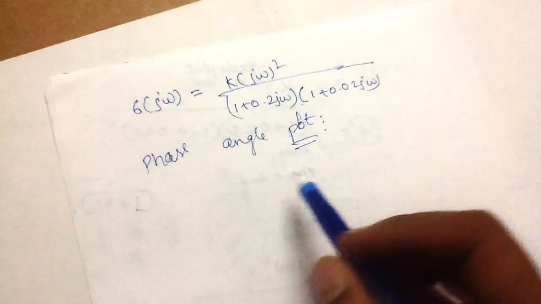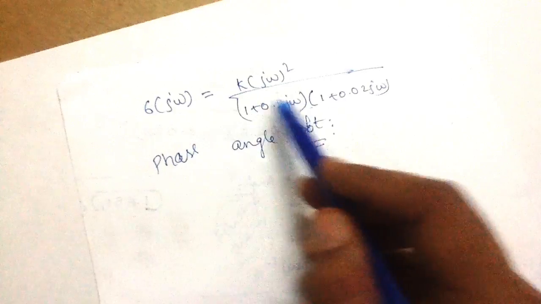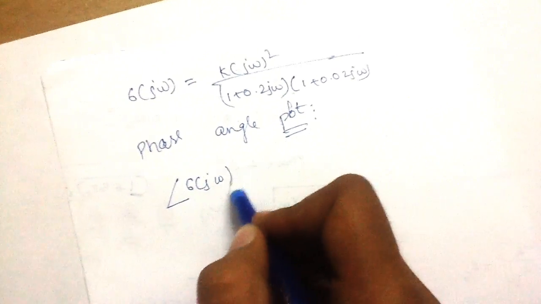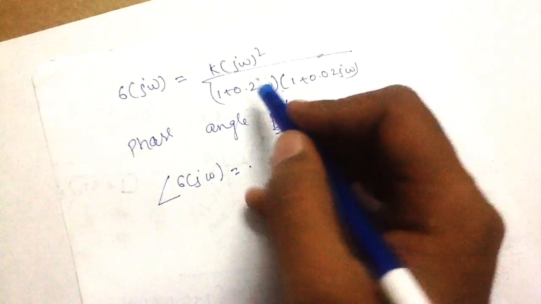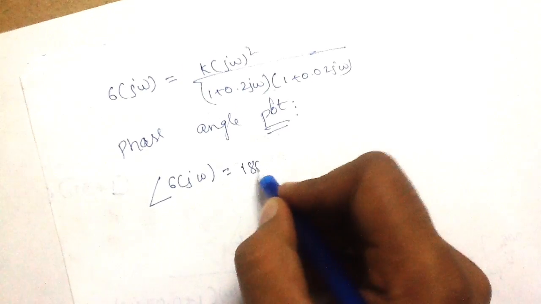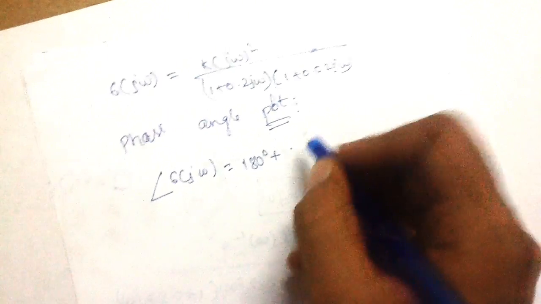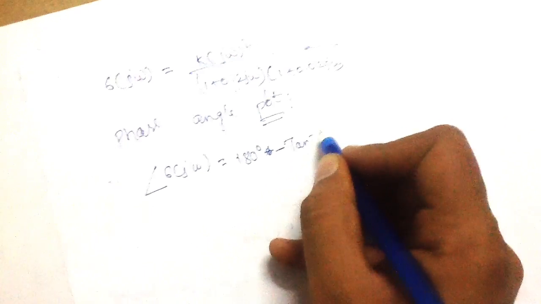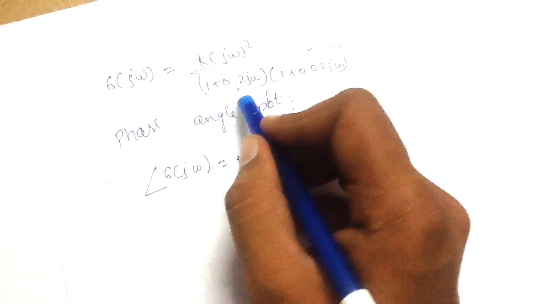First, for the phase angle plot, we need to consider the transfer function which we already have, and the angle of G of j omega, as you all know, is just j omega square, so you're just going to write 180 degrees plus, this is in the denominator, so you're going to go for a minus tan inverse of what's the coefficient of this?